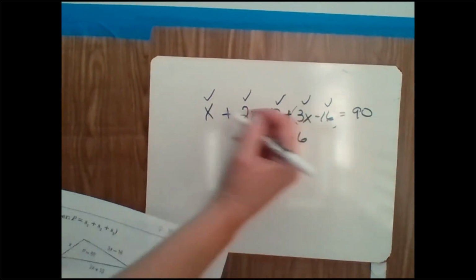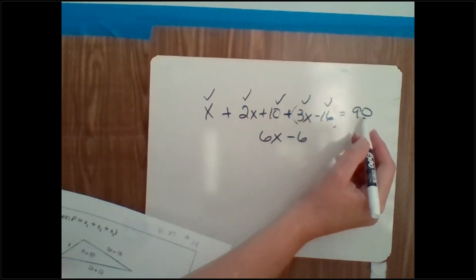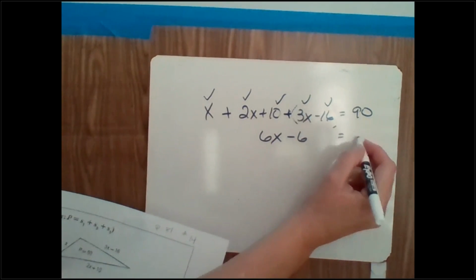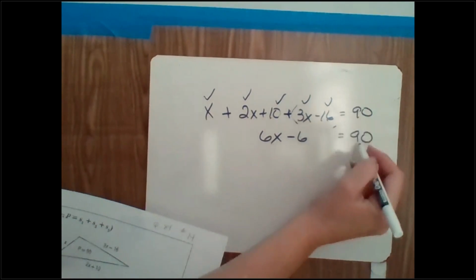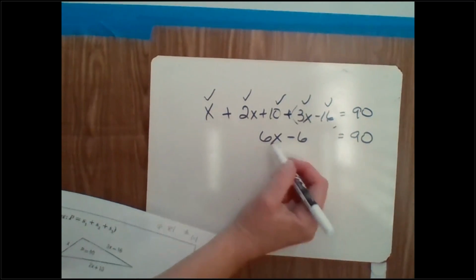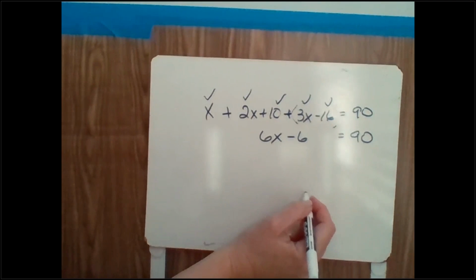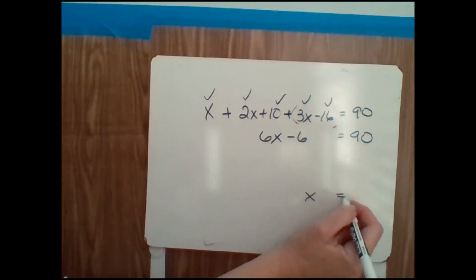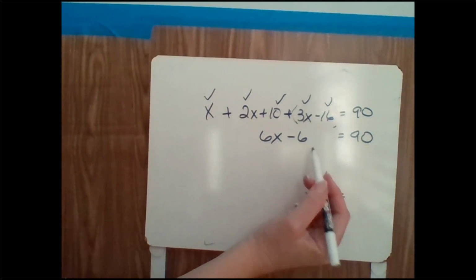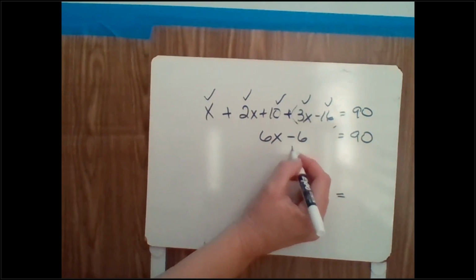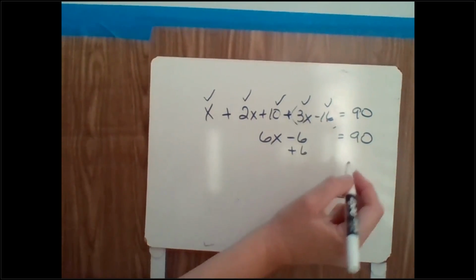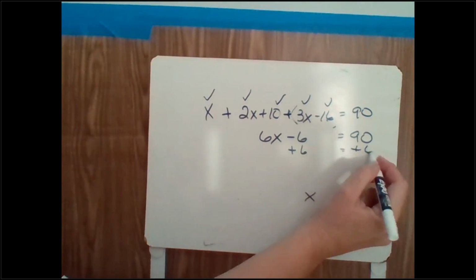And when I add all of that up, they told me my perimeter was going to be 90. So I'm going to bring that down. It's going to be 90. So here, I know I want my x's on the left because I only have one x. So why move it? Why do extra work? So I need to move this number. Opposite of minus 6 is plus 6.